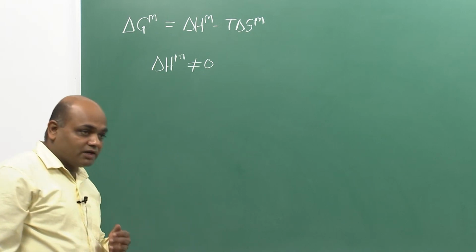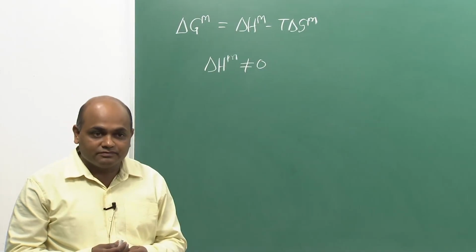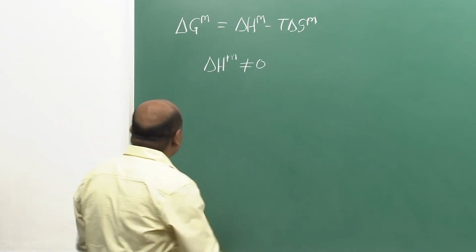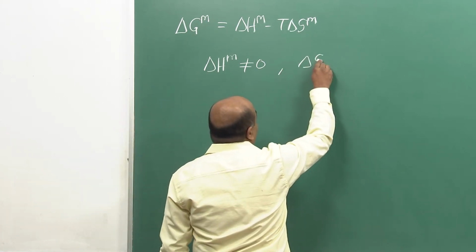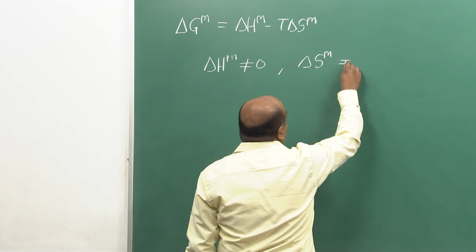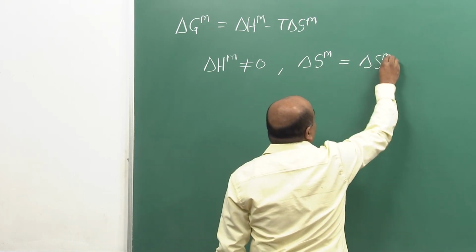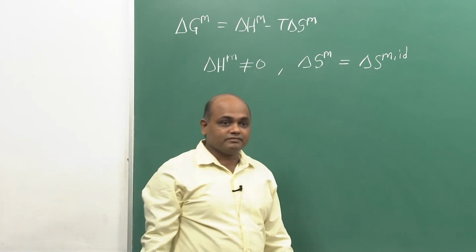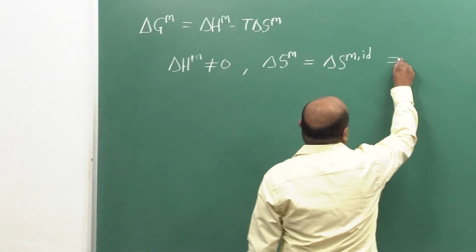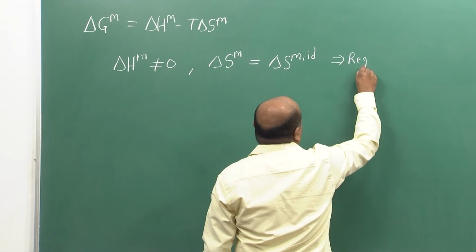But in order to understand this interaction effect, let us try to simplify the model. Okay. So, let us assume that delta Hm is not 0, still delta Sm is equal to delta Sm id. So, this is the regular solution model.